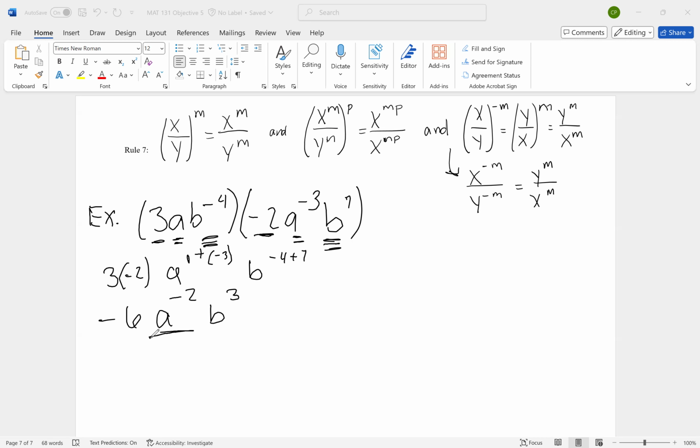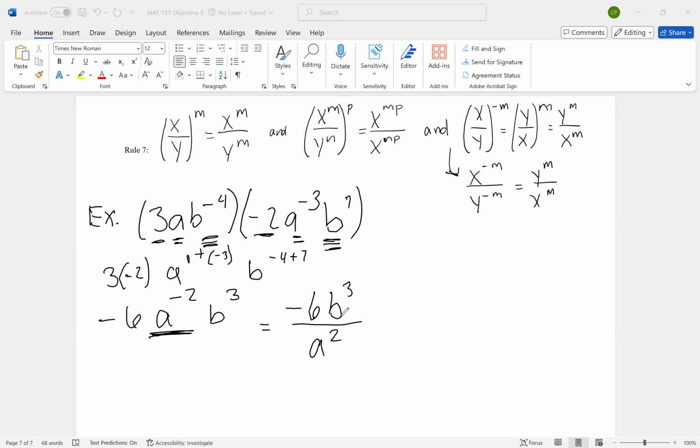Now we have this right here that we need to work on because this a is to a -2 exponent, and we don't want that. So to fix that, we're going to keep the -6 and the b cubed in the numerator where it is, but we're going to put the a squared in the bottom. So this is how we work rule number 7.